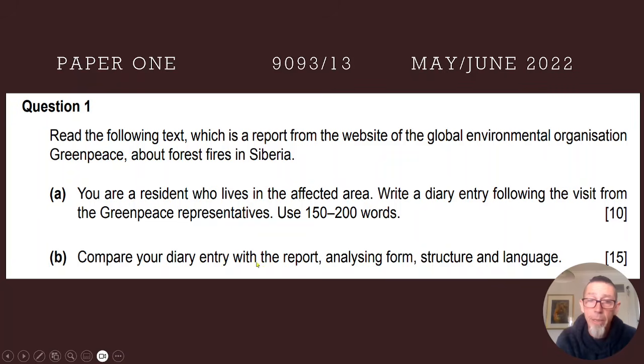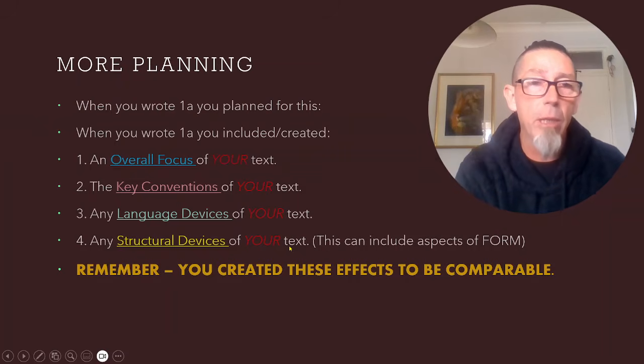Compare your diary entry with the report, analyzing form, structure, and language. Form, structure, and language. Okay, so the structure of your 1B should pretty much look like this.